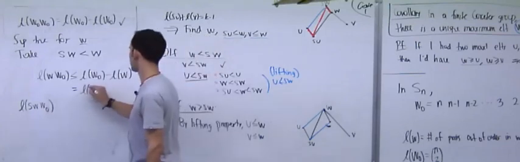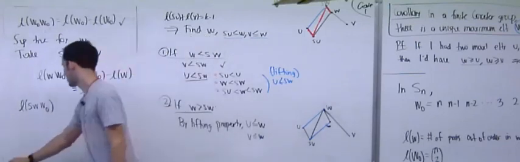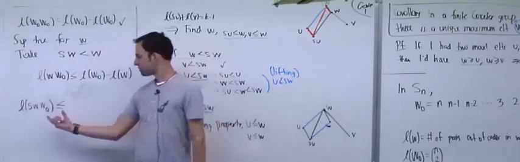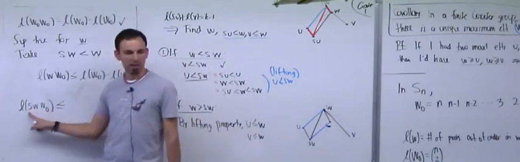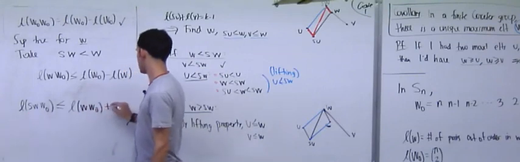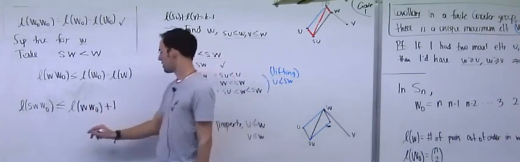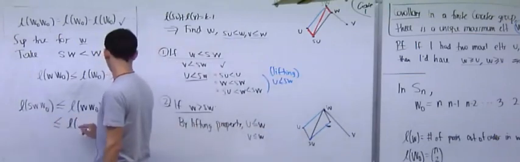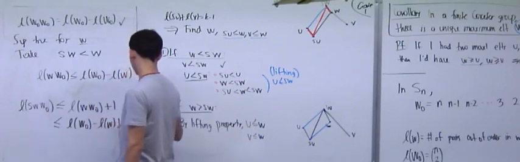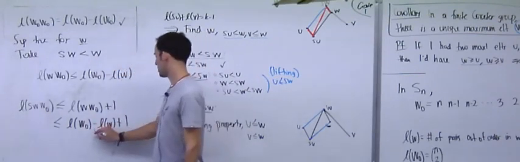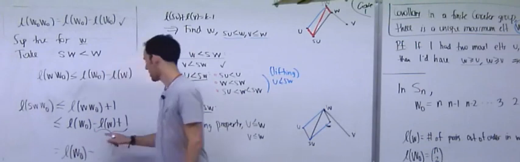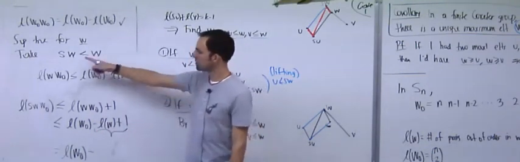I can write it as, how big can this be? Well, I'm taking something and multiplying it by S. So by doing that, I can at most increase the length by 1. Now this is less than or equal to the length of W naught minus the length of W plus 1. And what is this? The length of W minus 1 is the length of SW.